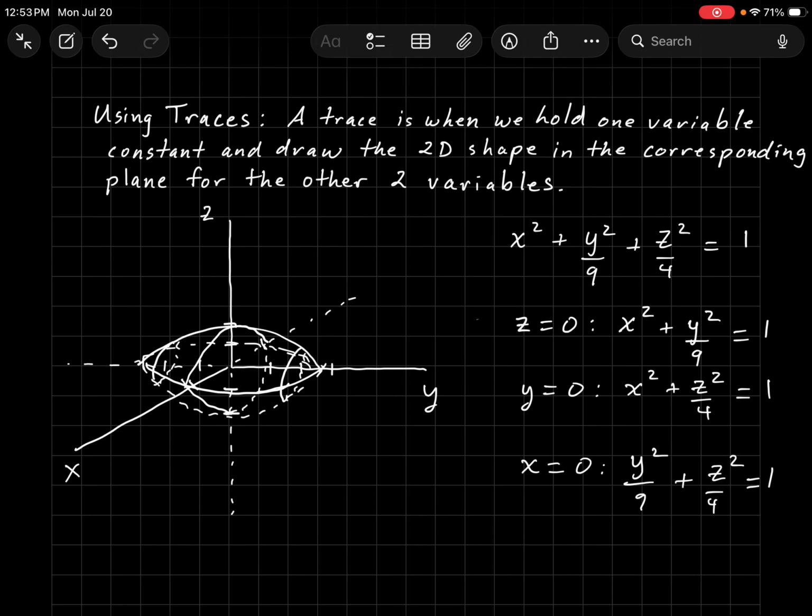Notice that every shape is an ellipse. So this is something that's going to be called an ellipsoid. But it's using traces, specifically x, y, and z respectively equal 0 to get the shape.